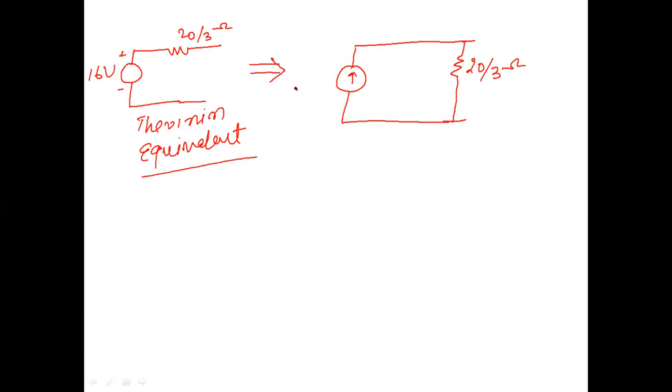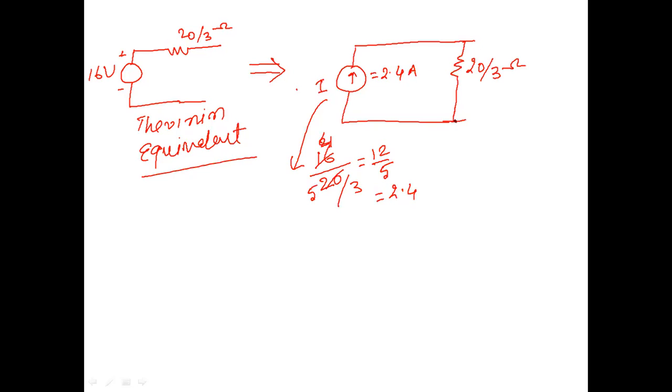That is, current is simply voltage by resistance. So this I will be equal to this voltage divided by resistance, 16 by 20 by 3. So 3 will go upside, 16 and 4 cancel, and it will be 12 by 5, which means 2.4. So you see this current will be 2.4 ampere.